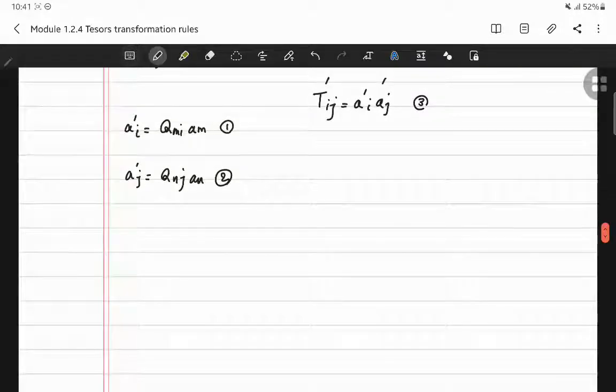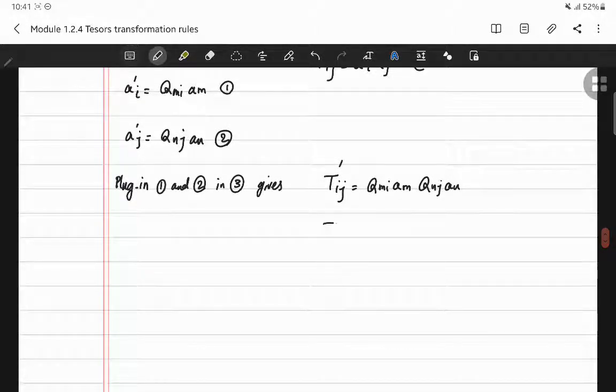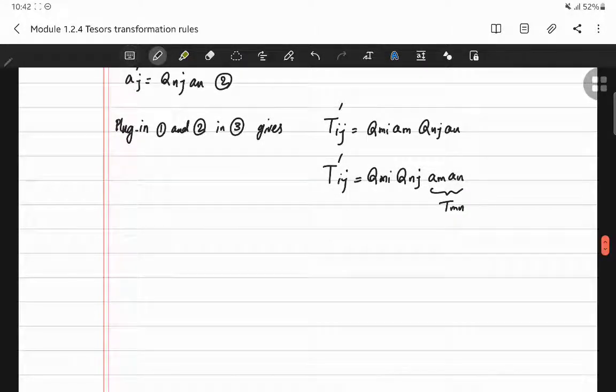All right, so I call this maybe 3. And if you plug in 1 and 2 in 3, so we have T prime ij is equal to Q_mi A_m Q_nj A_n, and this can be written as T prime ij is equal to Q_mi Q_nj A_m A_n, and this is nothing but T_mn because these are two vectors, so T prime ij is equal to Q_mi Q_nj T_mn.